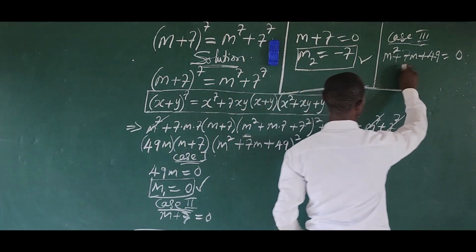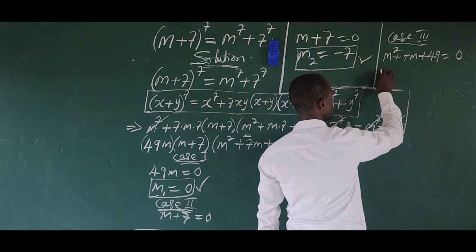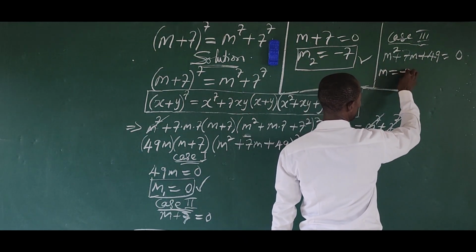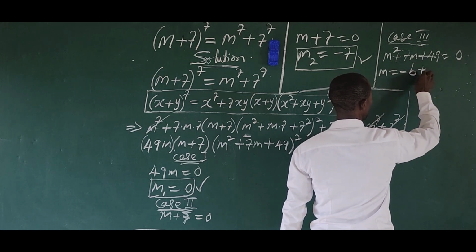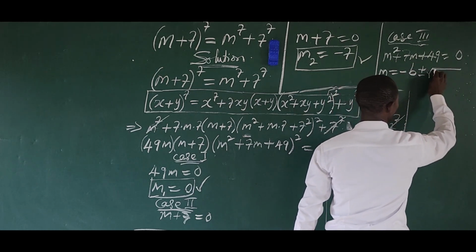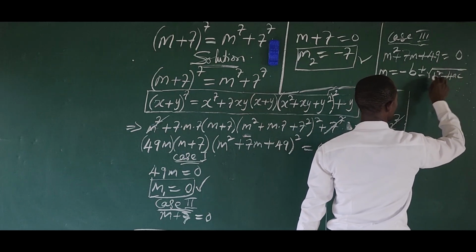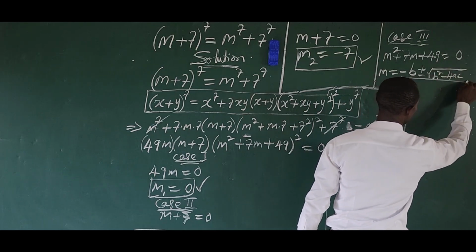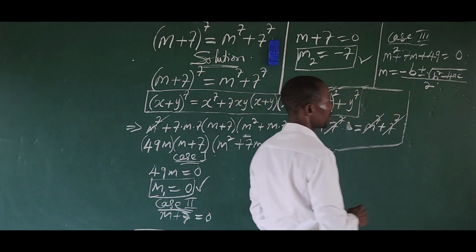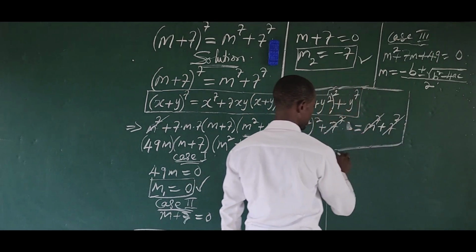Okay, so if we have to solve this, we are going to use the formula method. Using the formula method, we're going to have our m is equal to minus b plus or minus the square root of b squared minus 4ac, all over 2a. So because of space, let's come back to this place here.